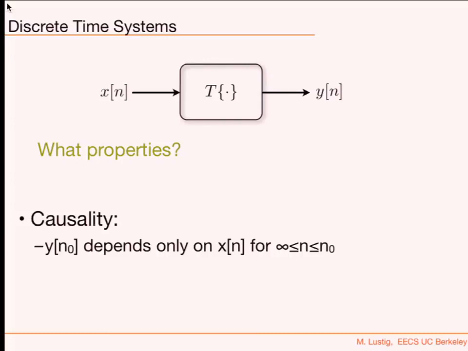We have an x of n, which is a discrete time signal, going into that system, and something else comes out, some y of n. We want to look at what those properties are. One property, for example, is causality. Causality means that the output is going to depend only on previous inputs. There's no prediction. I do not know the future.